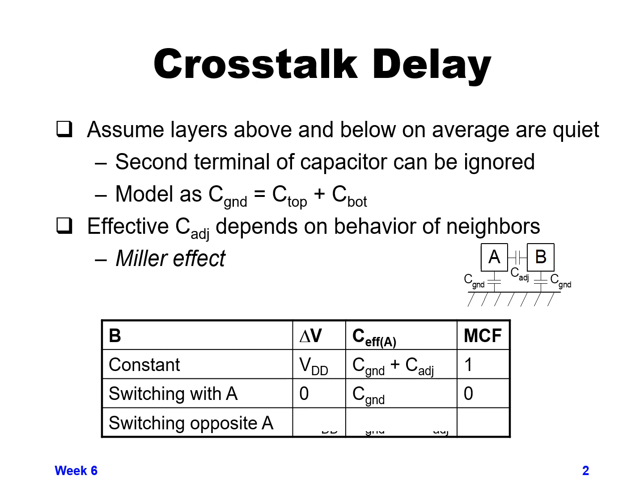Now if the two neighboring wires are switching in the opposite direction, then we see a delta V of 2 VDD. So if A started at 0 and B started at 1, and they're switching in the opposite direction, one of them is trying to go up by 1 volt, the other one's trying to go down by 1 volt. So there's a 2 volt difference in the voltage across the capacitor C adjacent.